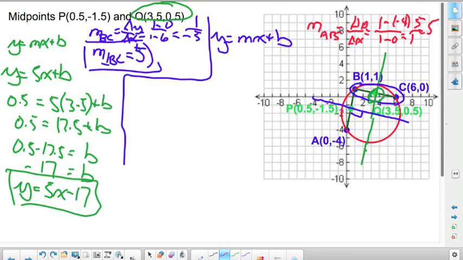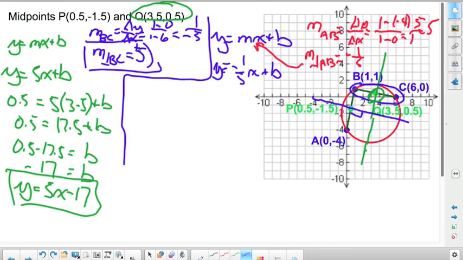Well, what's the slope perpendicular to it then? Yeah, negative 1/5. Right? And that's the slope that we want to plug in there. So here we get y is equal to negative 1/5 x plus b.